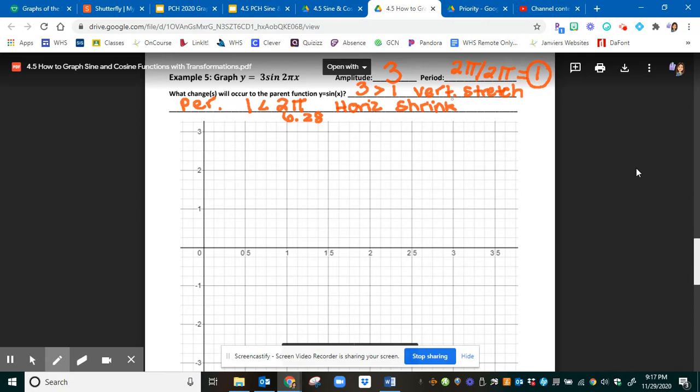So instead of being at the 1 value for amplitude, we now know that it's going to vertically stretch to a 3. If you still feel that you need to graph the original, you can do that, or you can just do it from the values that are already given to us.